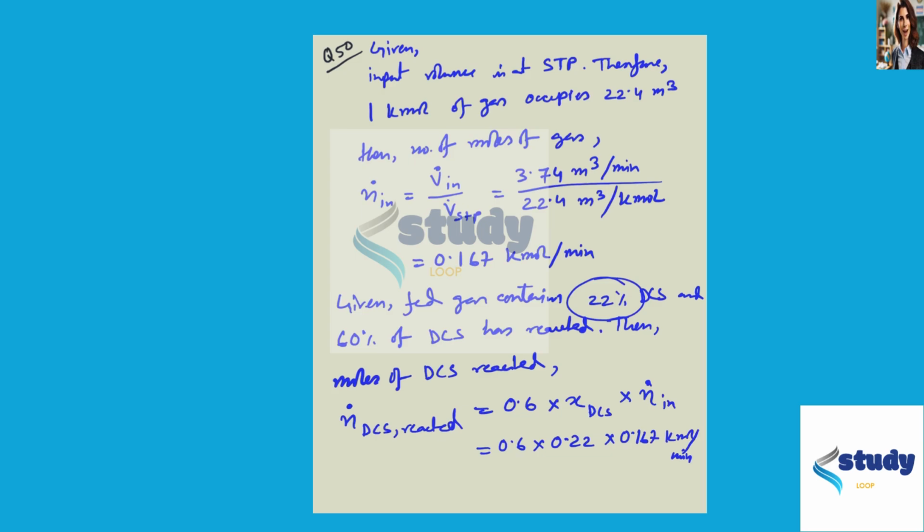And from here we get the moles of DCS reacted is 0.022 kilomole per minute.